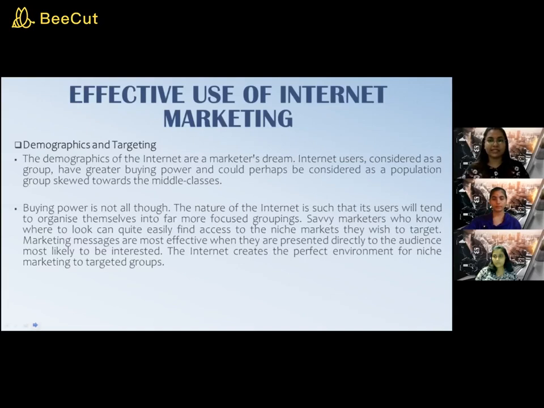Savvy marketers who know where to look can quite easily find access to the niche markets they wish to target. Marketing messages are most effective when they are presented directly to the audience most likely to be interested. The internet creates the perfect environment for niche marketing to targeted groups.